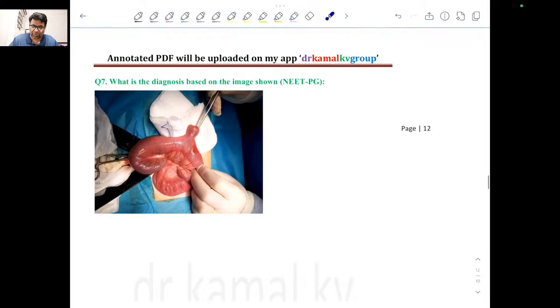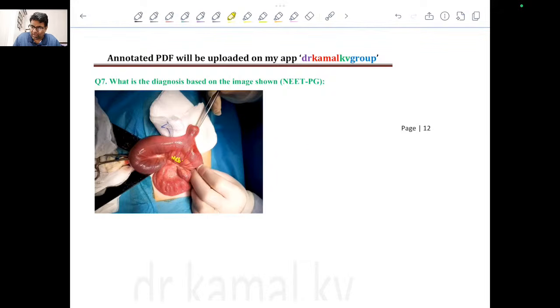Okay, moving forward to next question. What is being shown in the given image? Now here you can see there is some pouch or a diverticulum like this. So what is this? Now here I'll just give you one hint that this is mesentery. Clear?